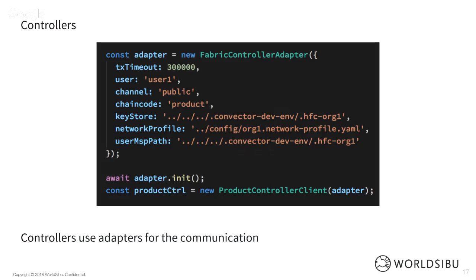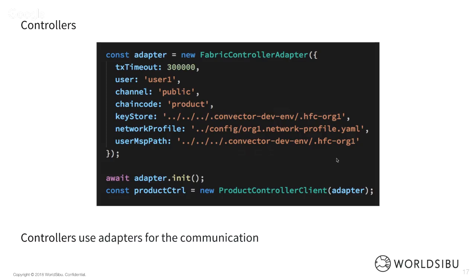So even though the controller has the same logic, for this transaction some of the output routes to the Fabric blockchain, and some of it will go to a MongoDB database that we have outside.